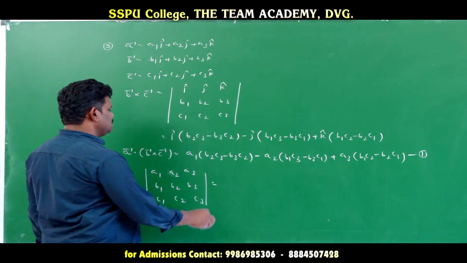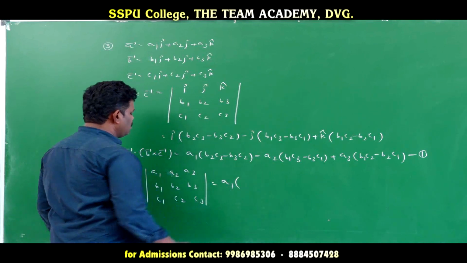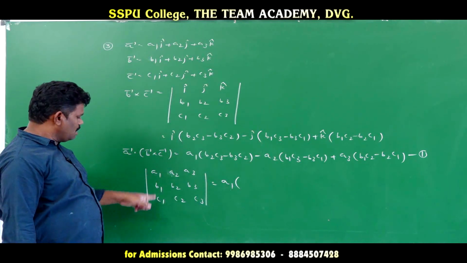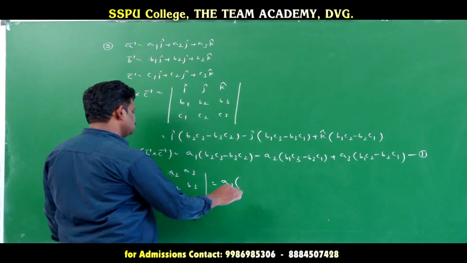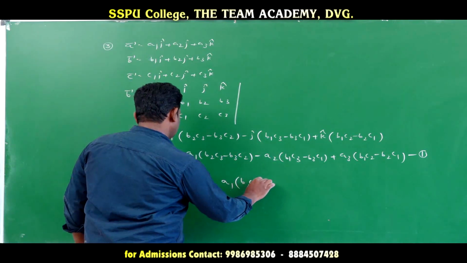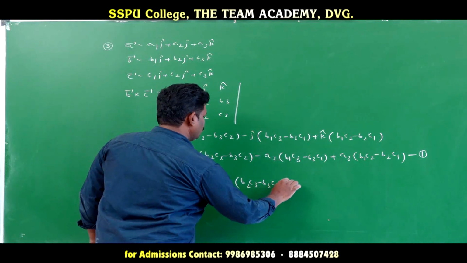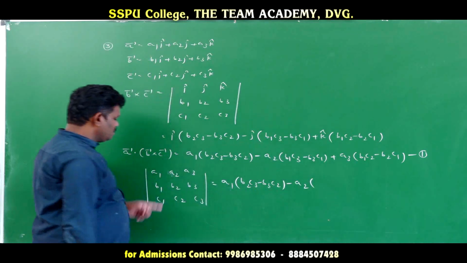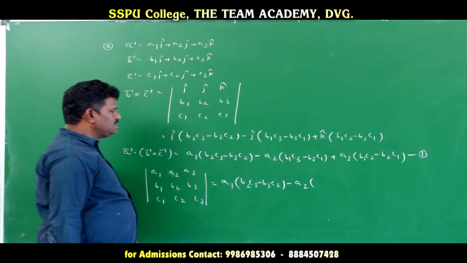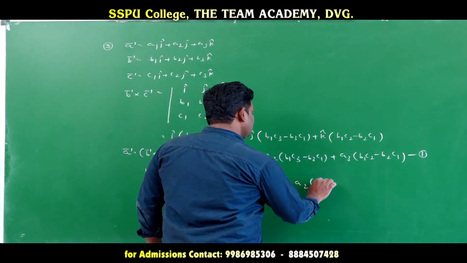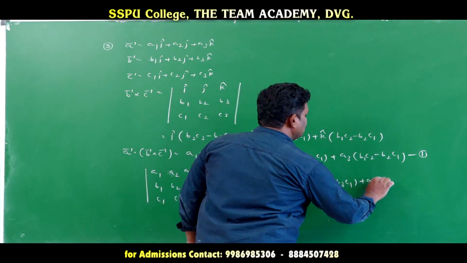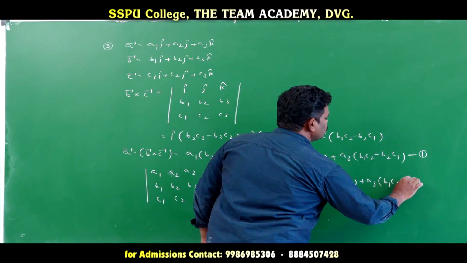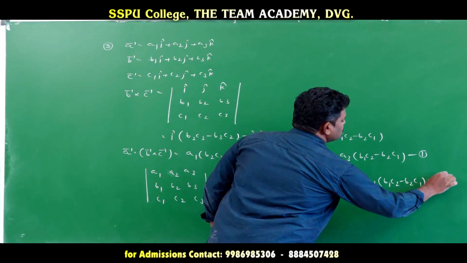Now if you expand this 3 by 3 determinant, for the first element you eliminate the corresponding row and column, and 4 elements remain. Then we get A1 into B2 C3 minus B3 C2, minus A2 into B1 C3 minus B3 C1, plus A3 into B1 C2 minus B2 C1. So this is equation 2.